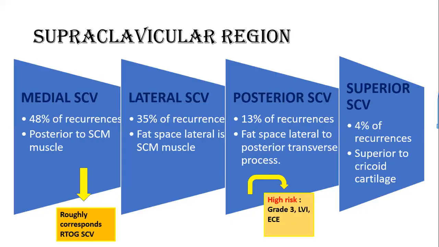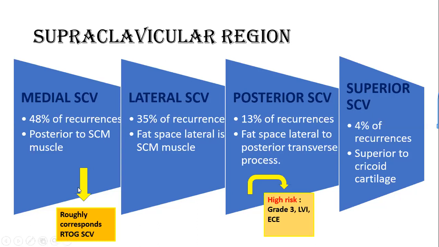If we divide the supraclavicular region into four parts, the first is the medial supraclavicular volume. Here around 48% of the recurrences occur. It is basically posterior towards the sternocleidomastoid muscle.